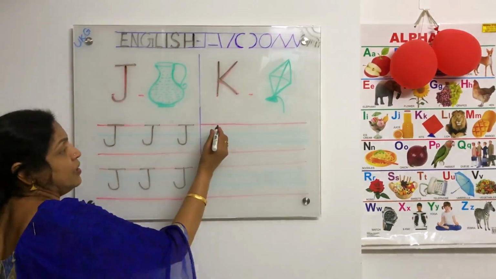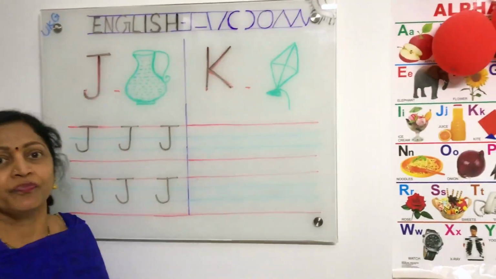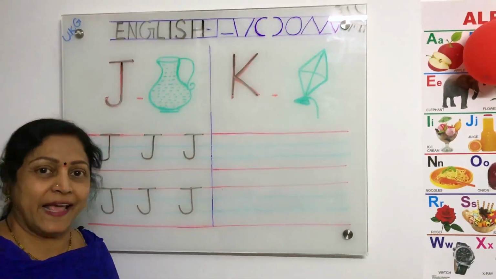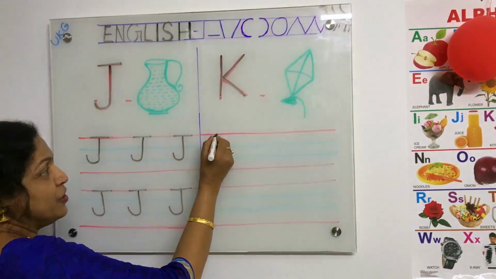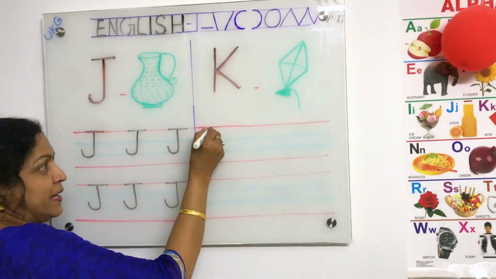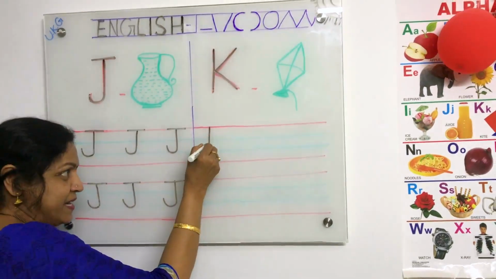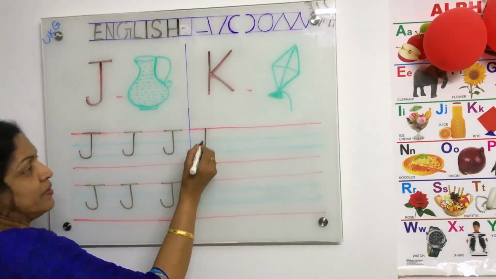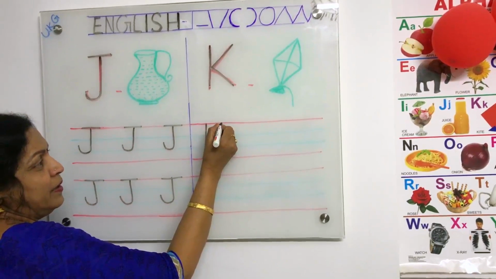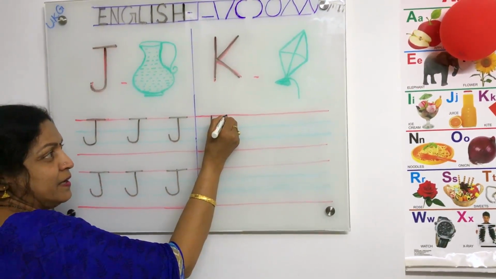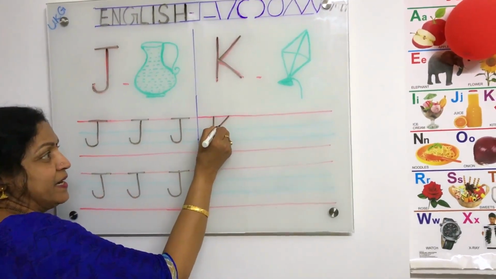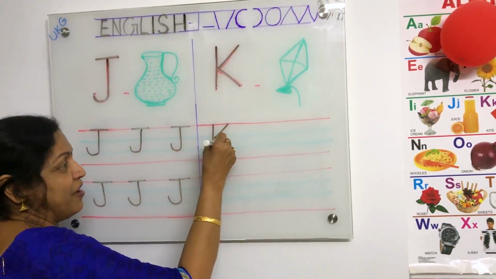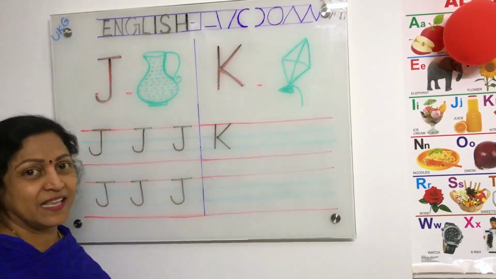So now I will show you how to write on the lines. Okay. From red line to blue line, write a standing line. From here, make a right slanting line. From here, write left slanting line like this. Okay.